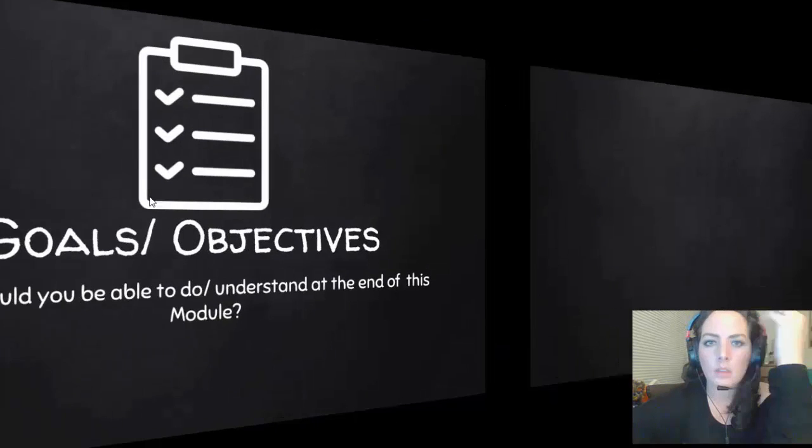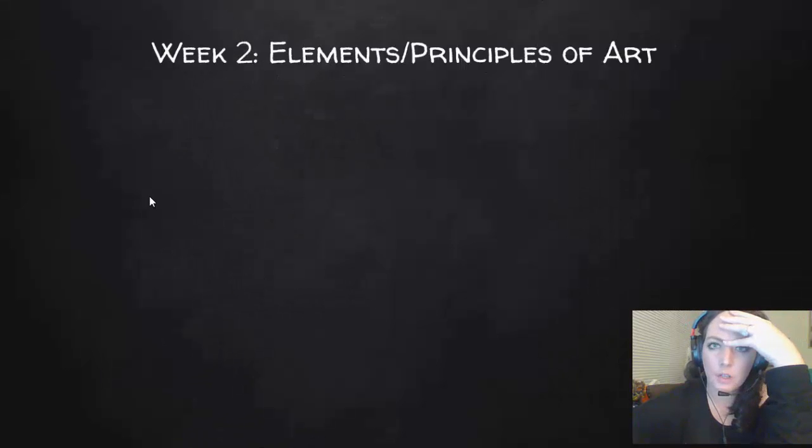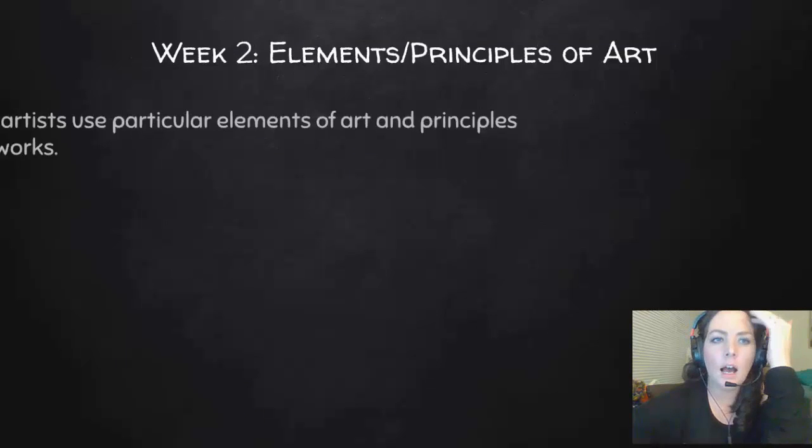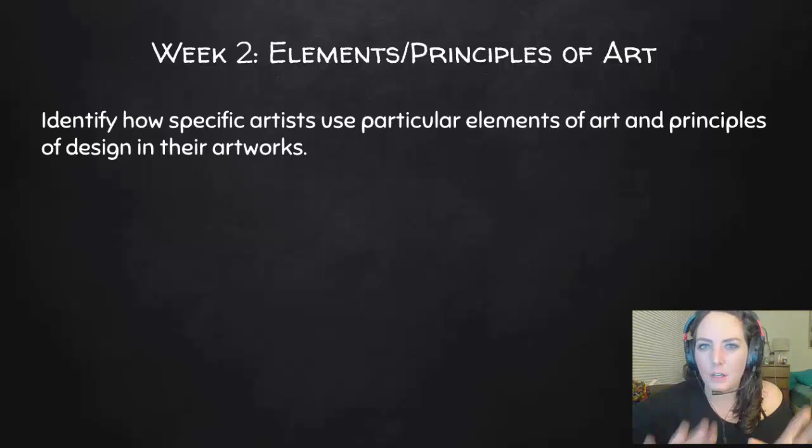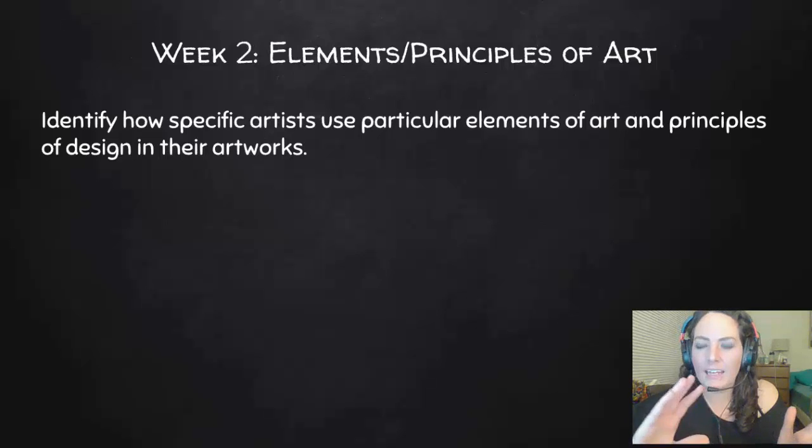So the very first thing is the elements and principles of art. We're talking about the elements and principles of art because they are important. That's the building blocks of art. Sometimes it's called elements of art, principles of design. But I want you to be able to look at a piece of art and understand what it's made of.